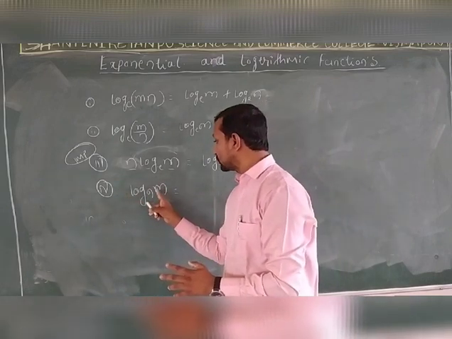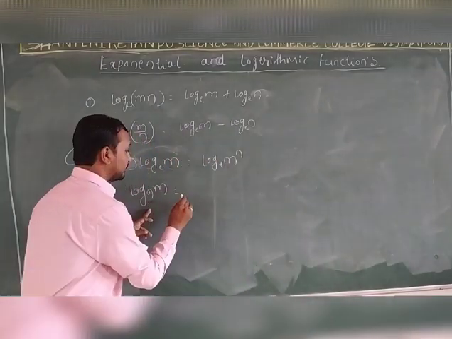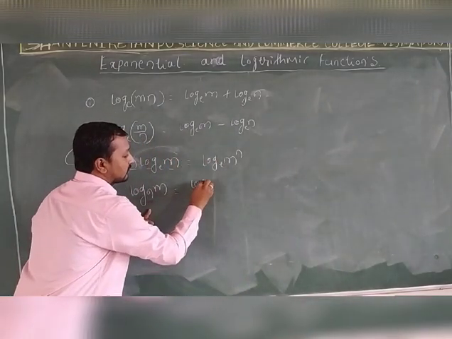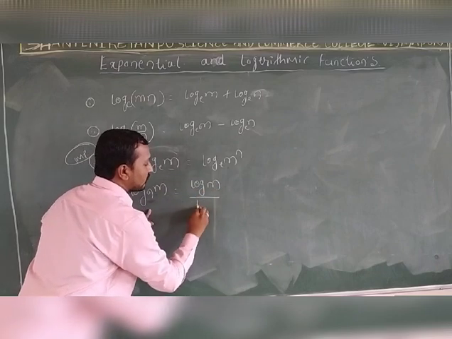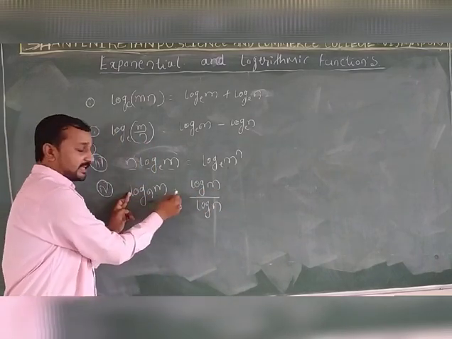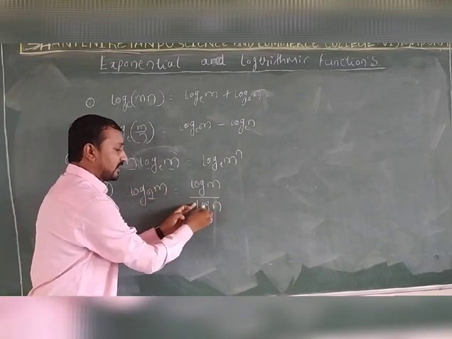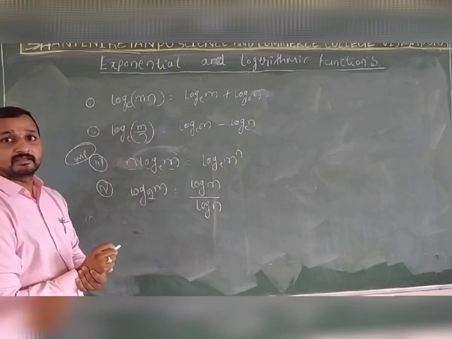In that type of logarithmic function, we can write log of m to the base n as log m divided by log n. Is that clear?